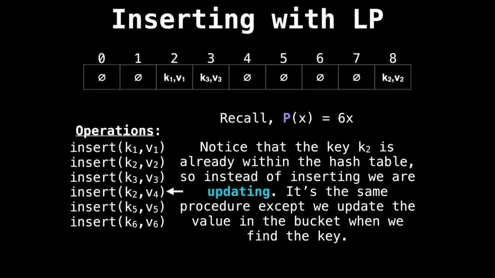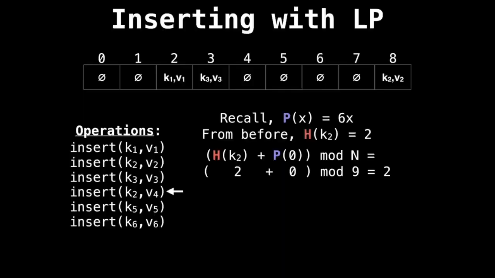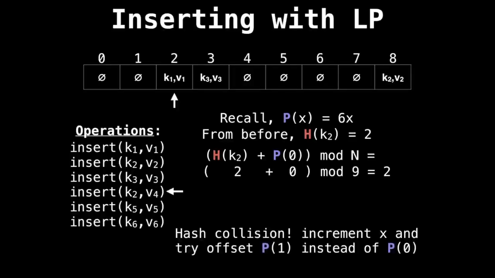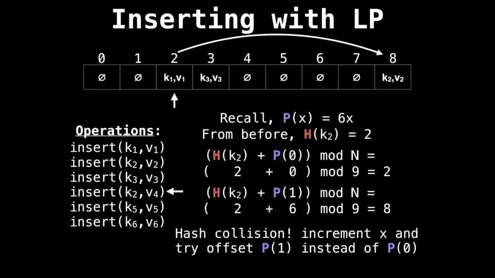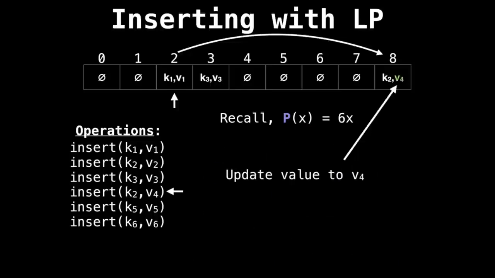From before we know that the hash value for k2 is 2. So we look at position 2 and k2 is not there and there's a hash collision. So we increment x, offset it by p of 1, and now we're able to find k2, and we can update the value right there.